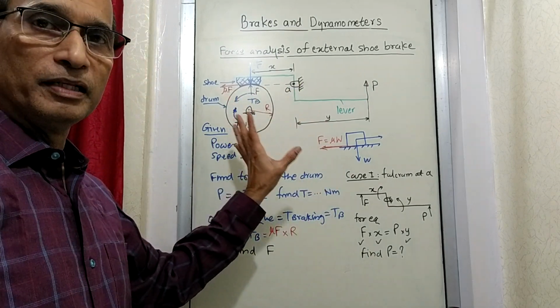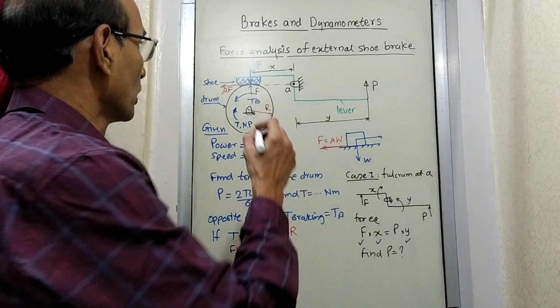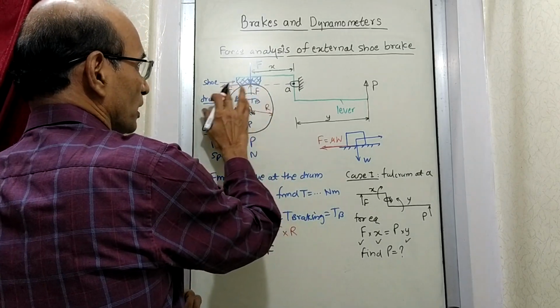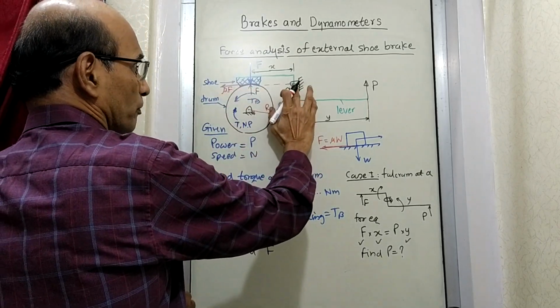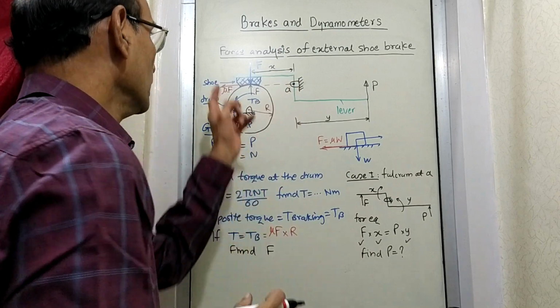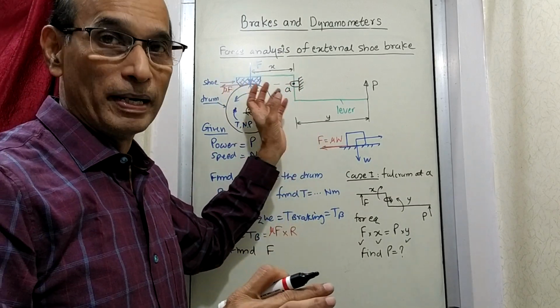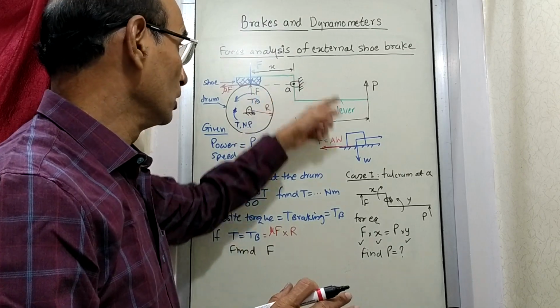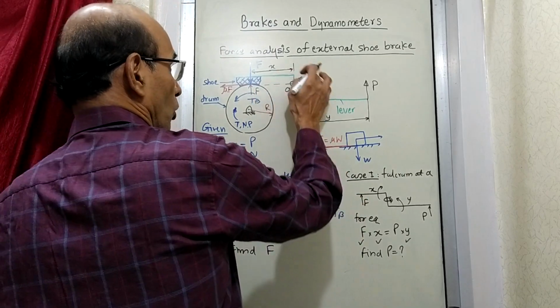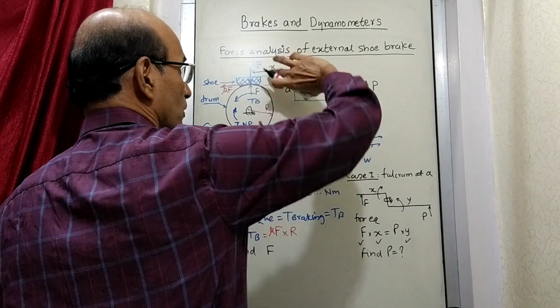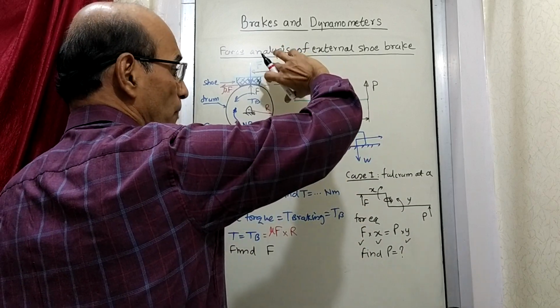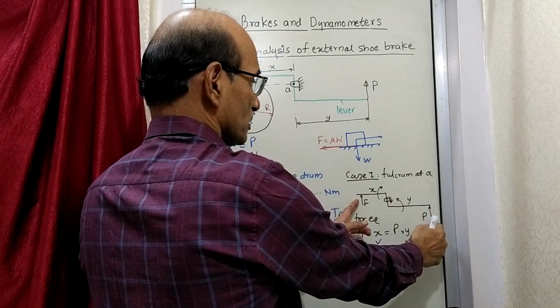Now in this first case, if you observe, this frictional force is passing through the fulcrum. That means the frictional force is not causing any leverage or any moment. It is not contributing to movement of this lever. The movement of the lever is balanced only by these two forces.